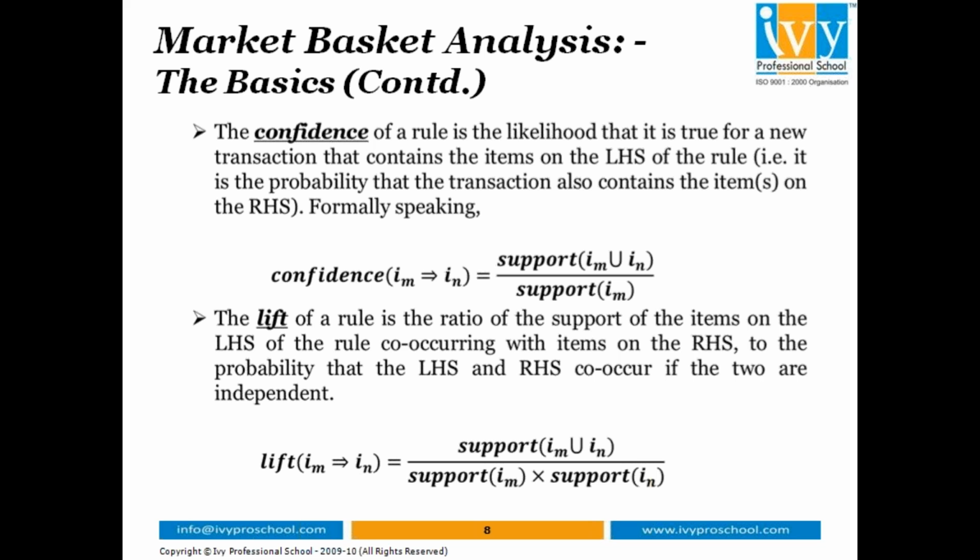That is the lift. 0.6 was the earlier probability; now it has risen to 0.8. So any rule which tells us that the confidence of my prediction goes up is the lift.